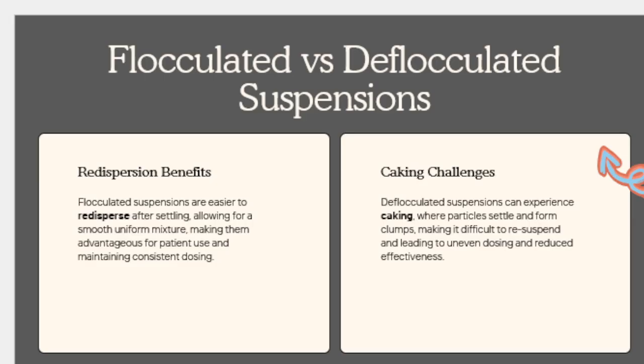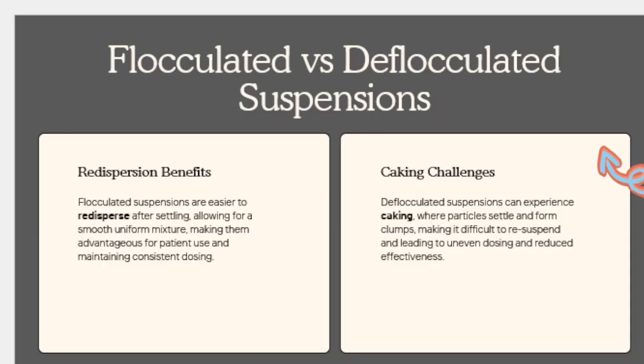If we see the difference between flocculated and deflocculated, redispersion is possible in flocculated, whereas redispersion is not possible in deflocculated. It means in flocculated, when we shake it, the particles get uniformly distributed in the liquid medium, whereas in deflocculated suspension, the particles get settled at the bottom and form a cake.